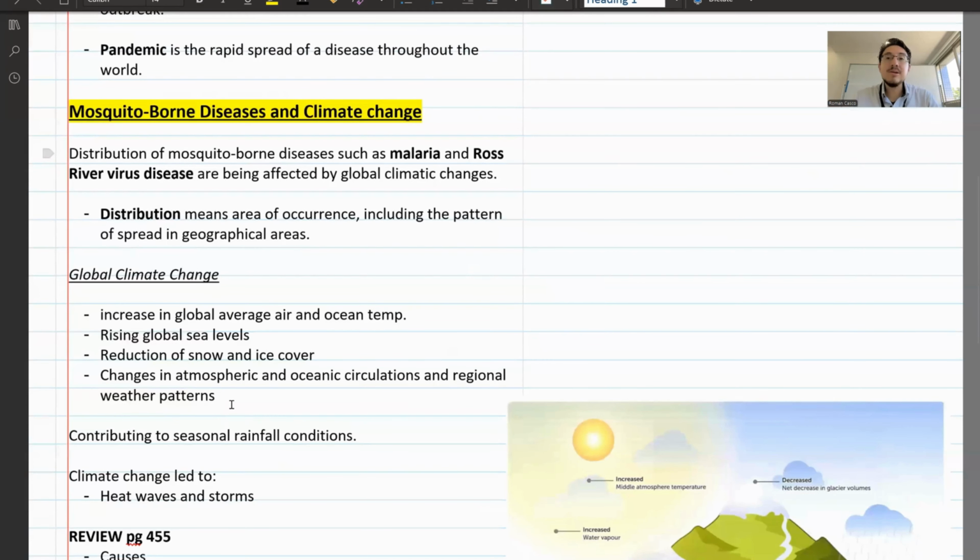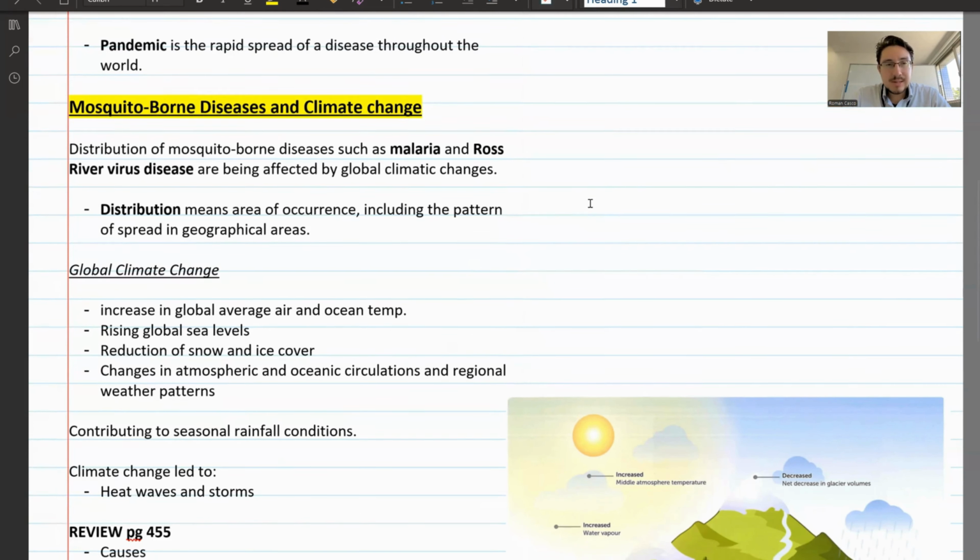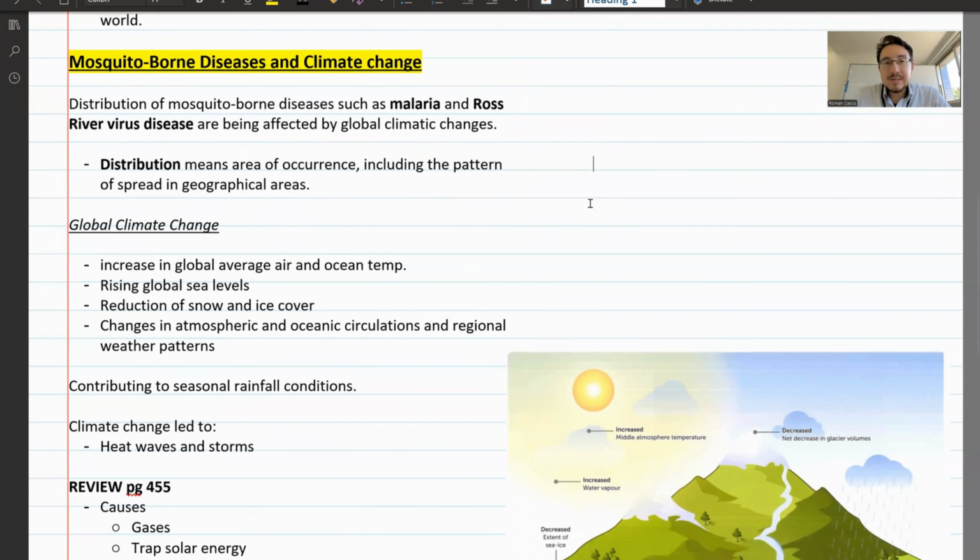Let's take a look at another concept that influences the spread of disease, which is climate change. And this is more related to mosquito-borne diseases. How is this related? Basically, a rise in global temperatures and differences in weather patterns.